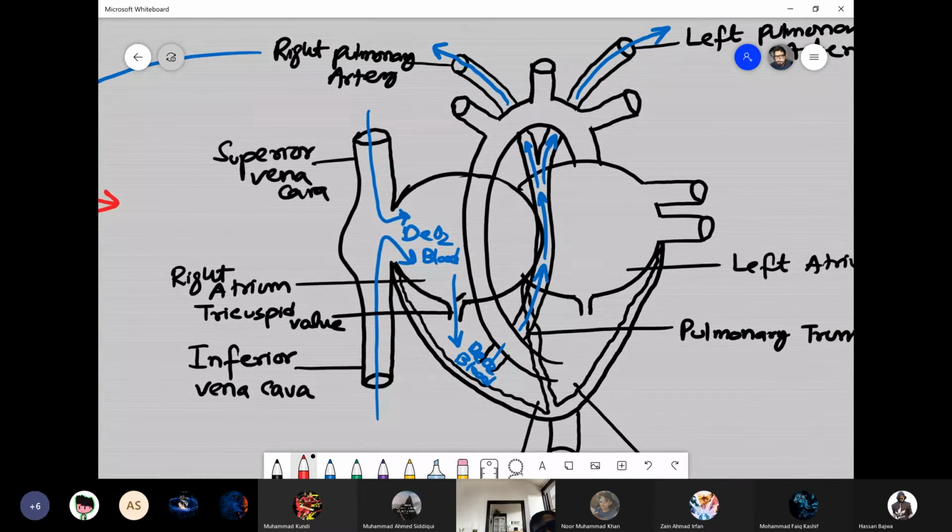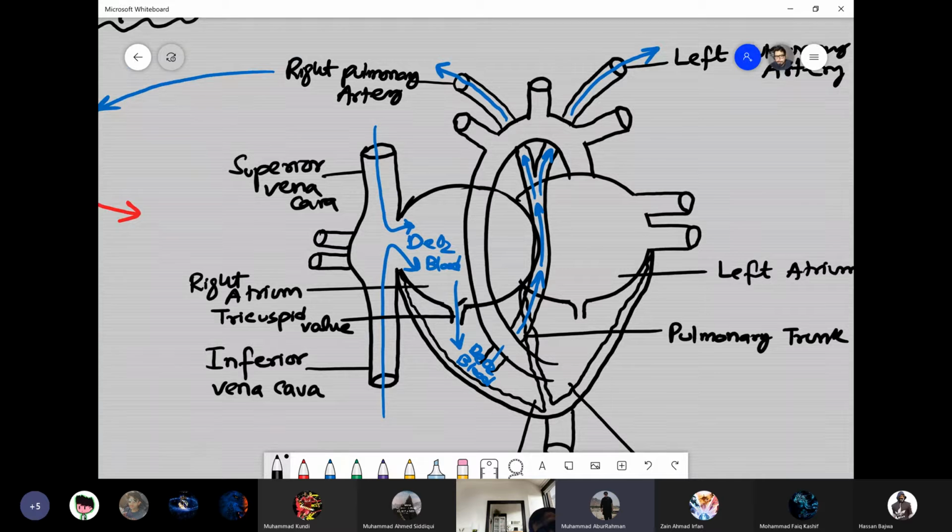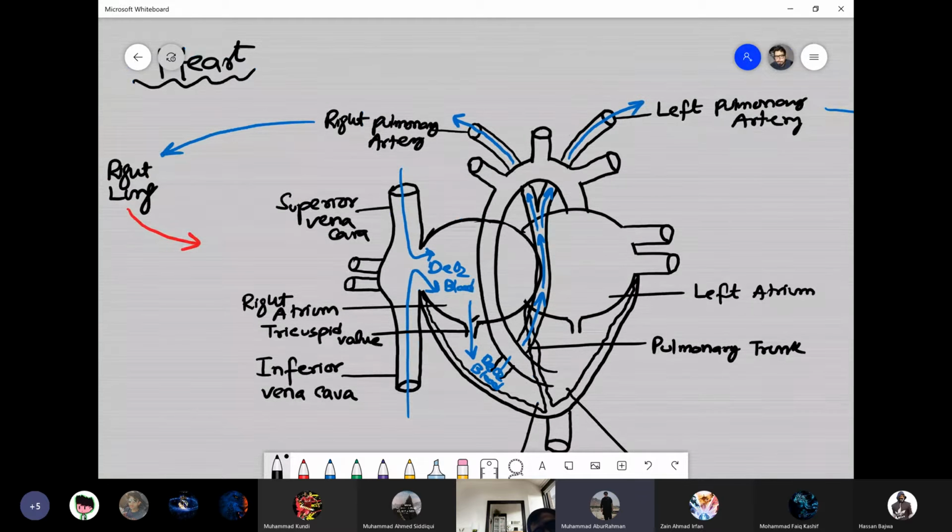Now, boys, if you remember, I told you that there are two blood vessels over here. This right pulmonary artery will take deoxygenated blood to the right lung. Yes. Remember these blue lines which you are seeing, this is deoxygenated blood.